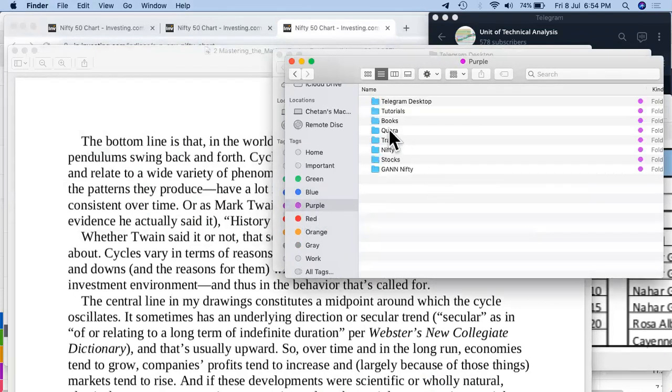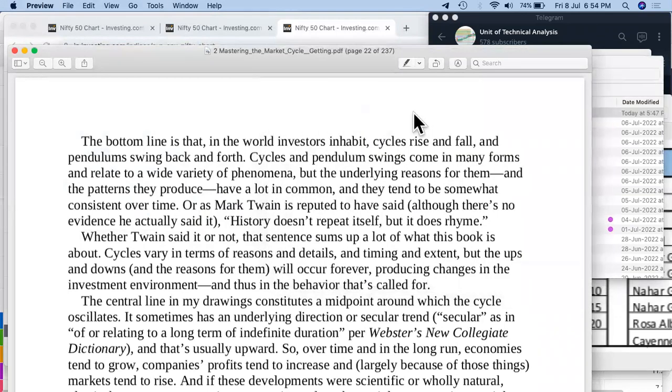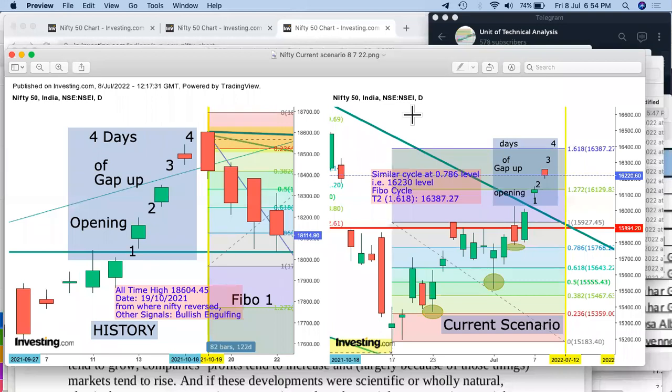I'll just show it to you. Nifty. Yeah. So I consider from the bottom it will be going up.